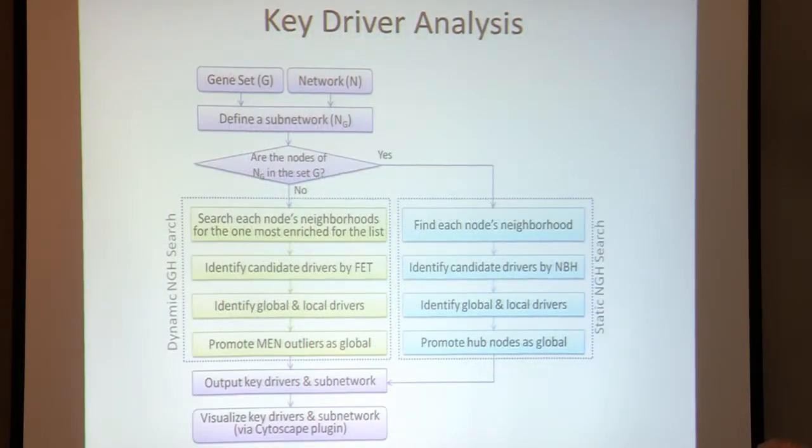The input nodes are only a subset of the nodes in the network. But on the other hand, if you don't know the relevant gene set, you just have a network, or your gene set is a list of nodes in the whole network, then we can use a simpler search.